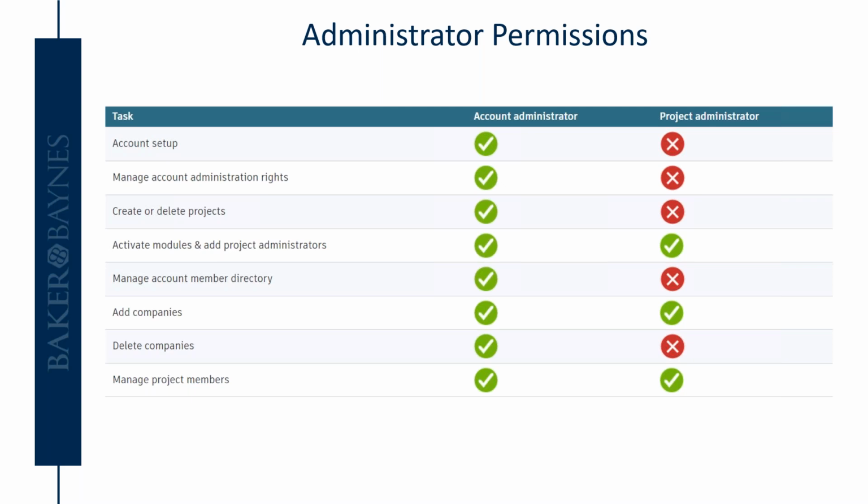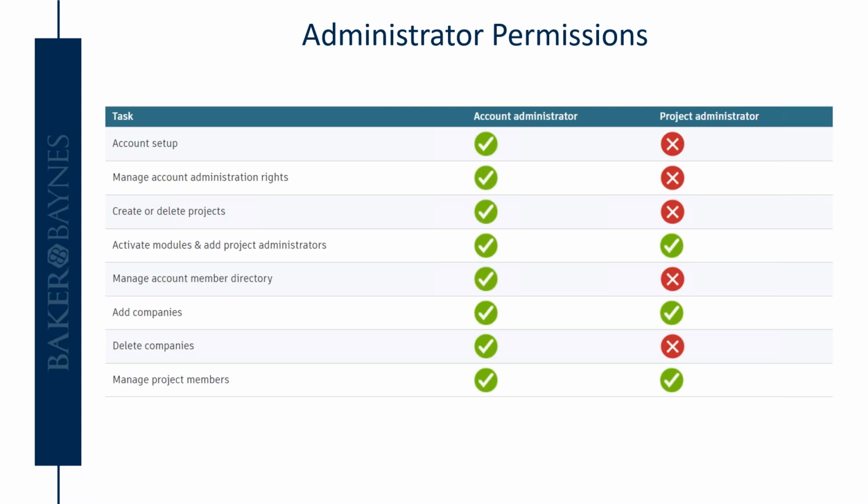you can be a project administrator on someone else's hub. So you could be account and project admin on your own organization's BIM 360 hub, and a project administrator for a project that's running on either another consultant's or a client's hub.